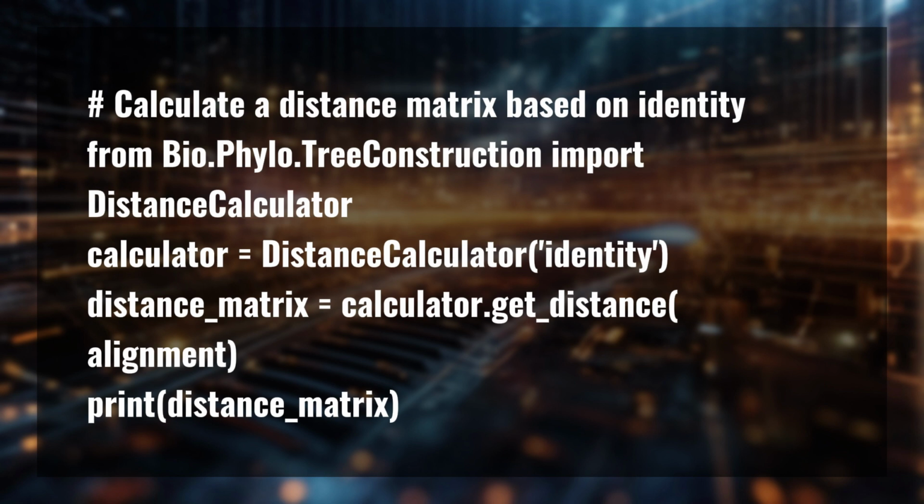This DistanceCalculator in the brackets is a function which takes identity inside it, and it calculates the distance between sequences. Then we have a distance matrix that has calculator.get_distance, and it takes the alignment. What we are doing here is judging the different distances from each point and creating a matrix.